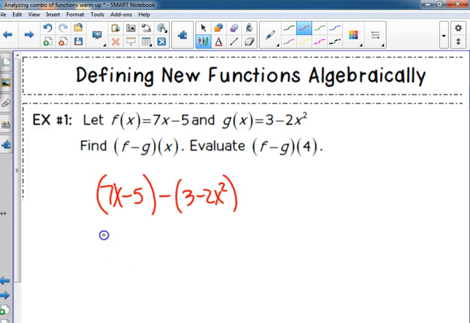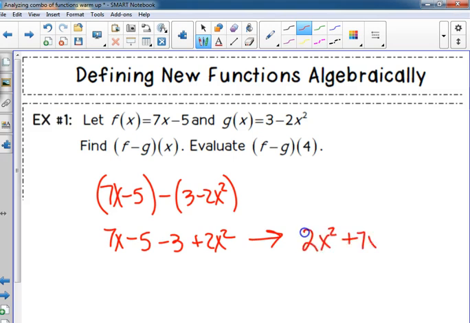Forget to distribute the negative. If I collect that into nice standard polynomial form, what would that say? Very nicely done, you. Everybody good? I don't care what order it's in.